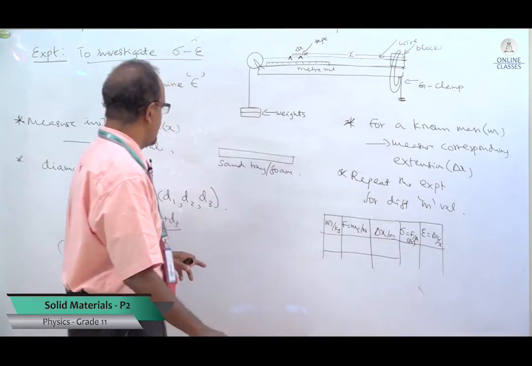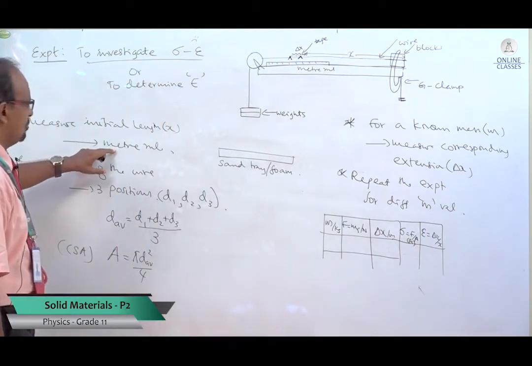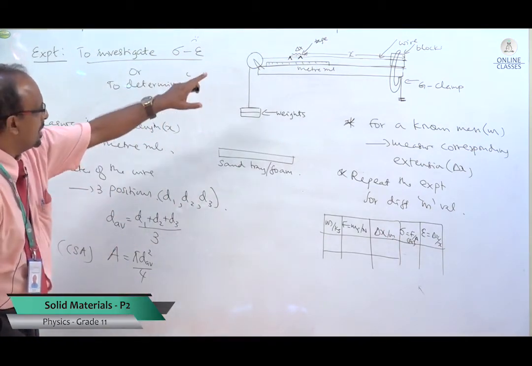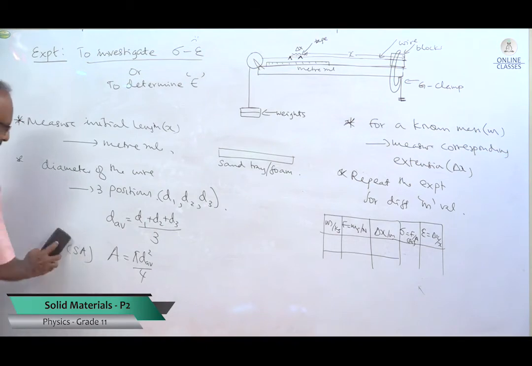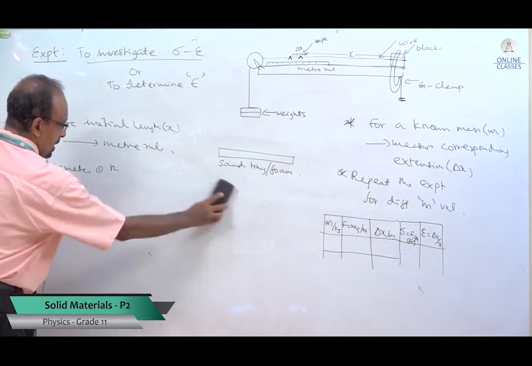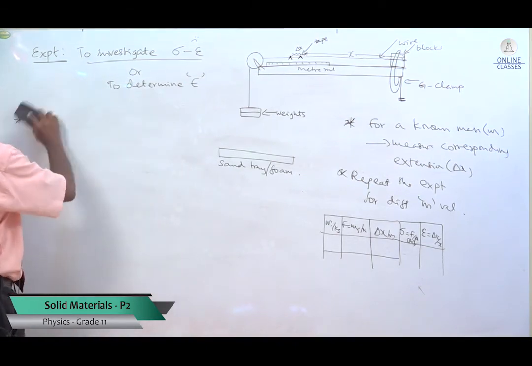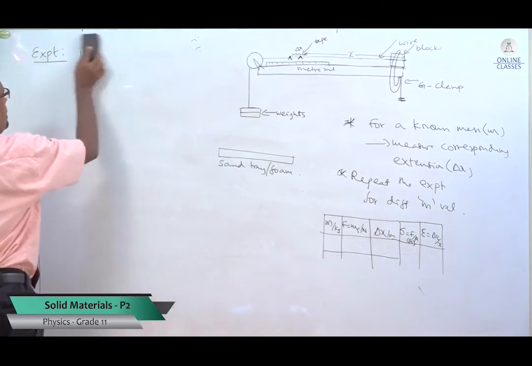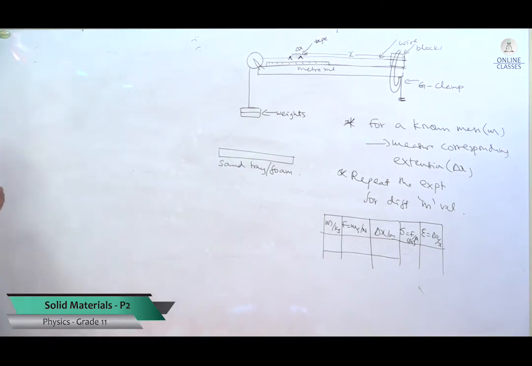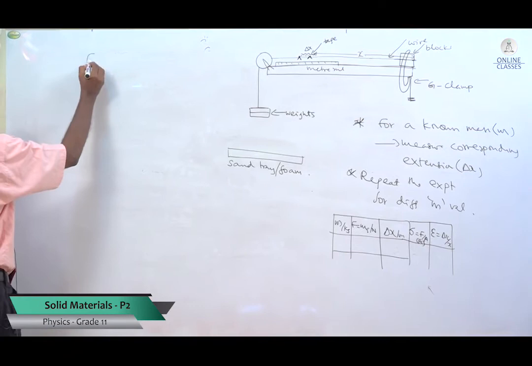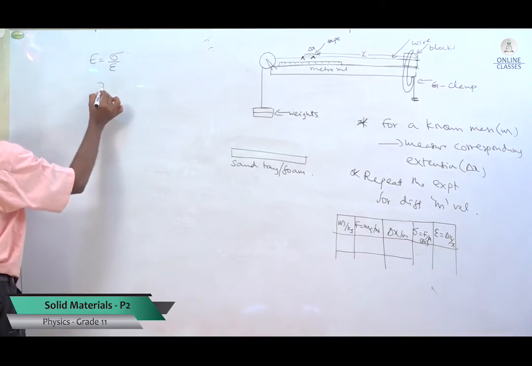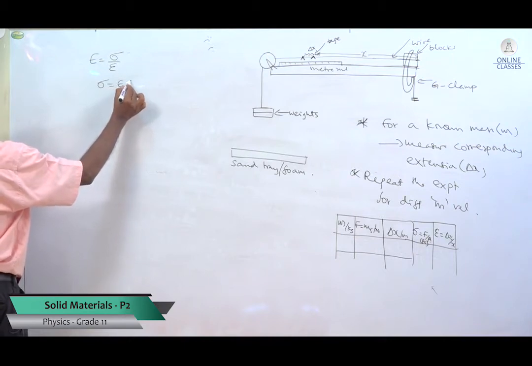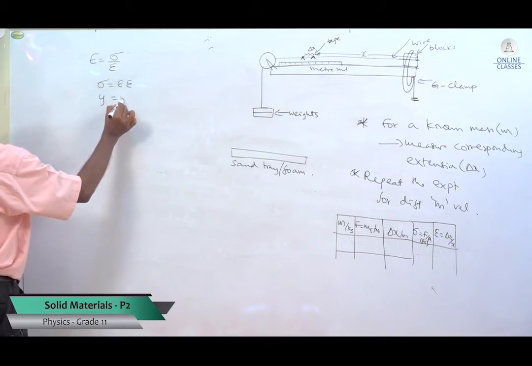We have already measured the initial length from the meter rule, and delta x for different masses, so you can get the epsilon value. Then with sigma and epsilon we can draw a graph. Our equation for Young modulus is E equals sigma over epsilon, so sigma equals E times epsilon. This is y equals mx.